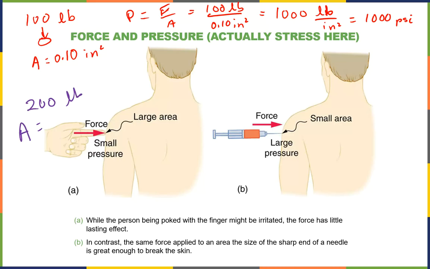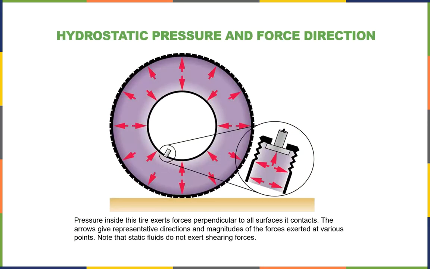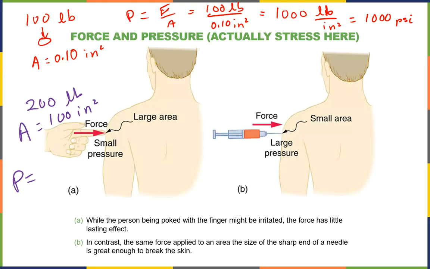So for each foot, it's 14 times 4, that's 56. But let's just round it off to 100 square inches for the 2 feet. What's the pressure applied by that shoe? That's going to be 2 pounds per square inch.